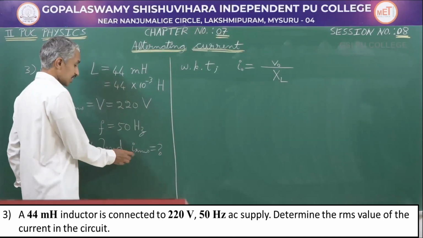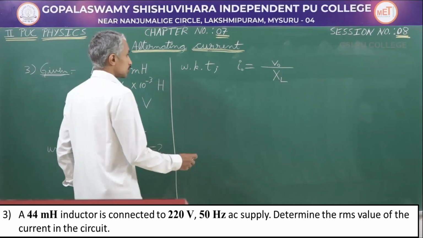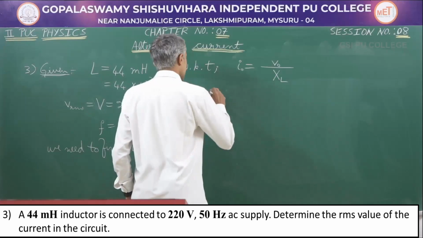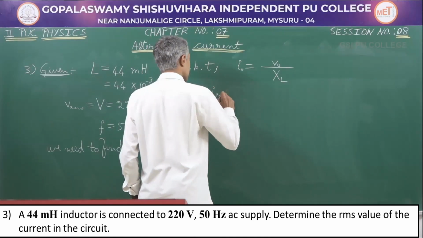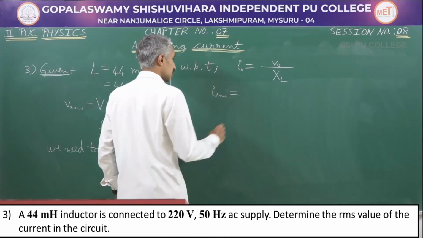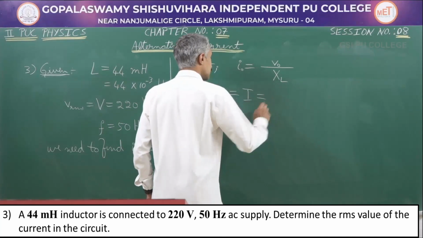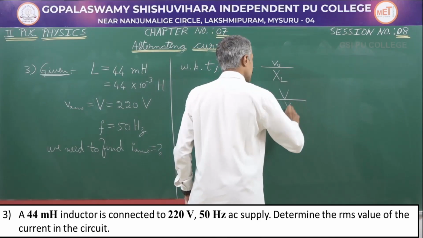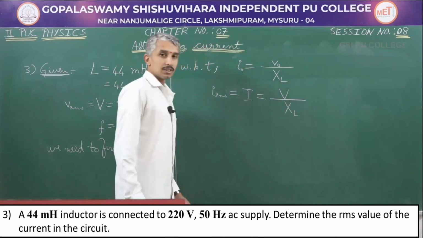We are supposed to find the RMS value of the current. So I can directly write, instead of the peak value of current, the RMS value of current, which I can also represent by capital I, is going to be the RMS value of the voltage divided by inductive reactance.